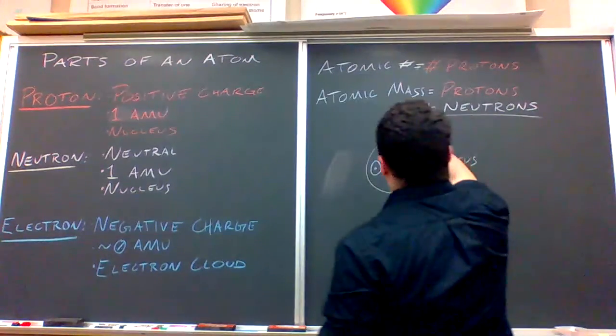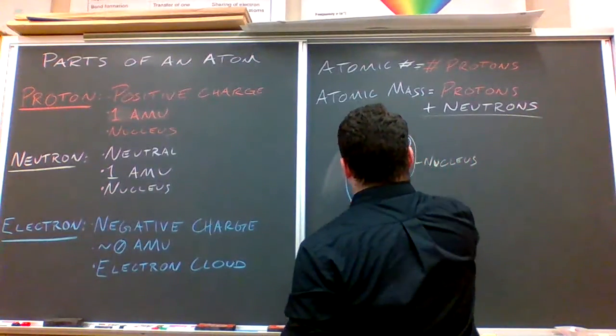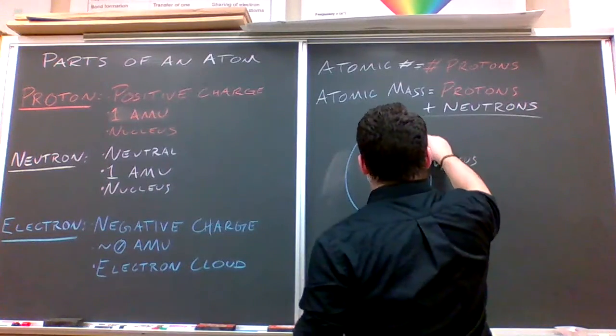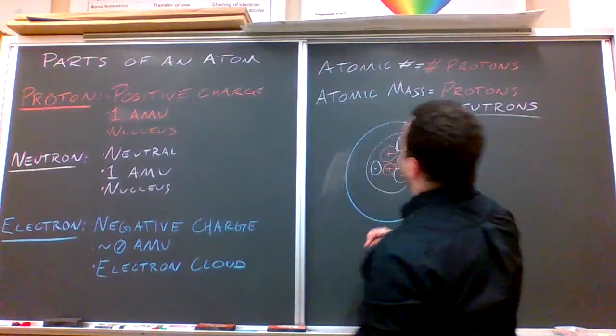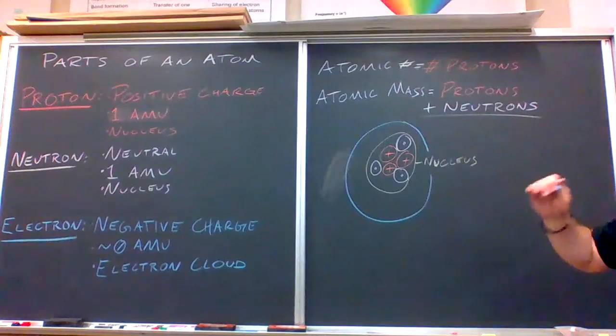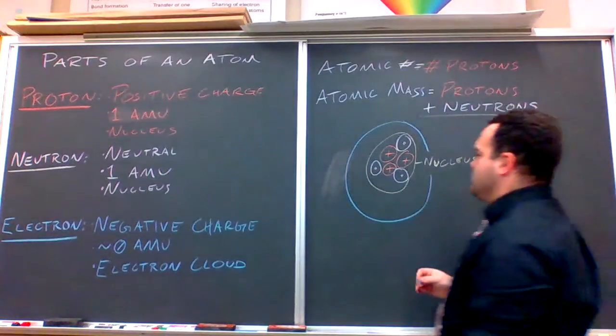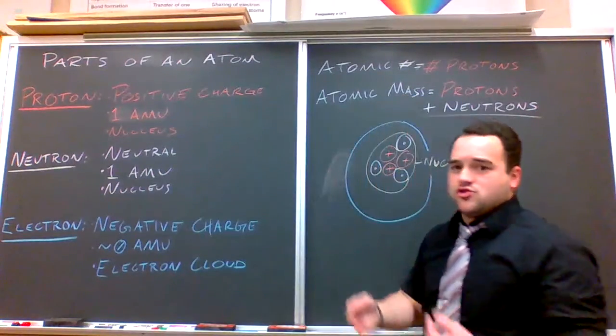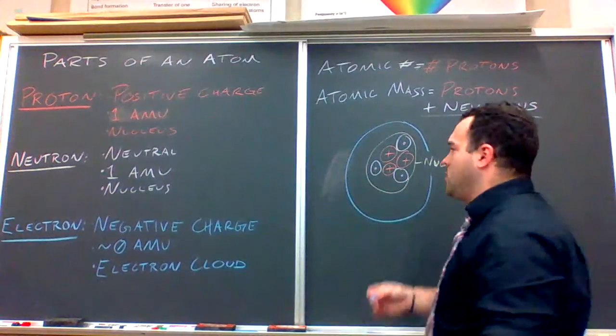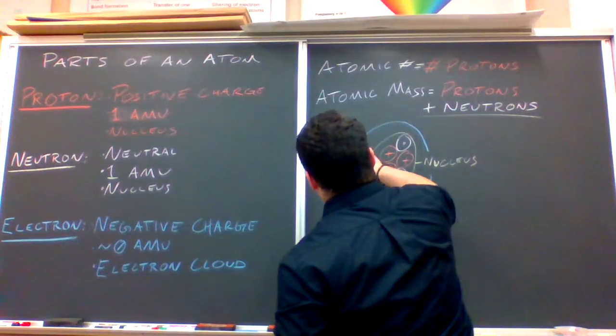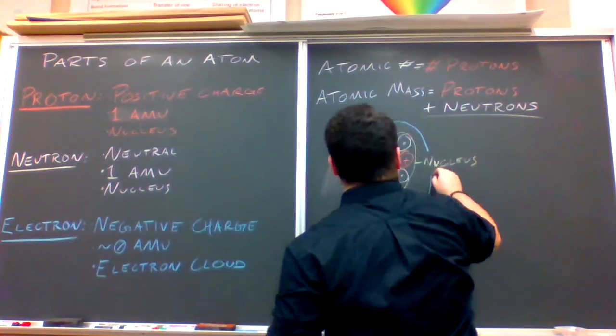Now around the nucleus, there would be levels of electrons. So the first level of electrons, the first ring, the first orbital as it's called, can only hold 2 electrons.